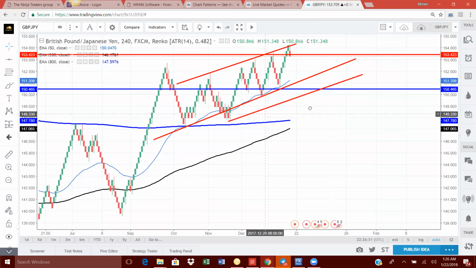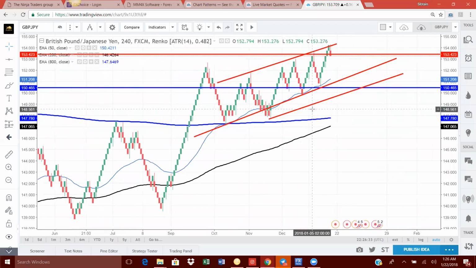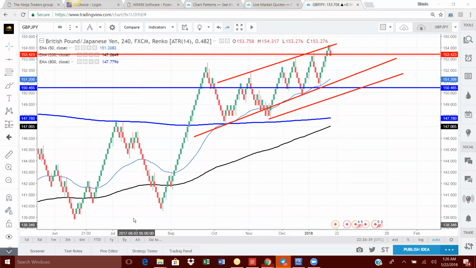But if I see the Renko chart, it shows me a very big sell, because the Renko chart doesn't go with the candlesticks. It goes with the price. When 14 candlesticks form, one bar forms.